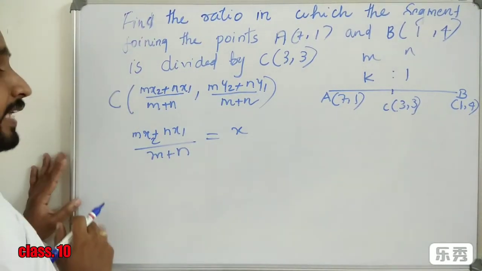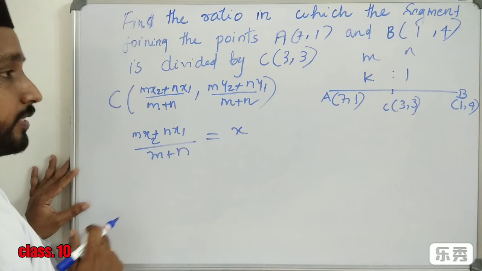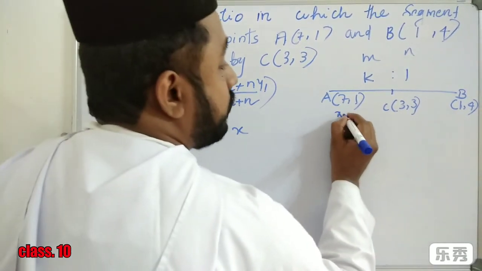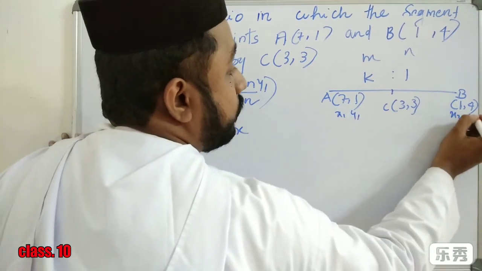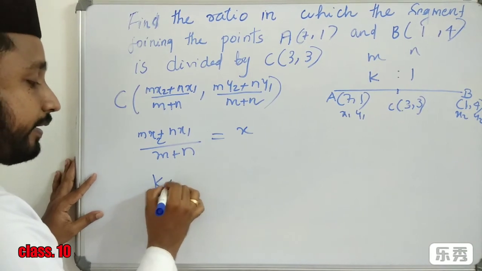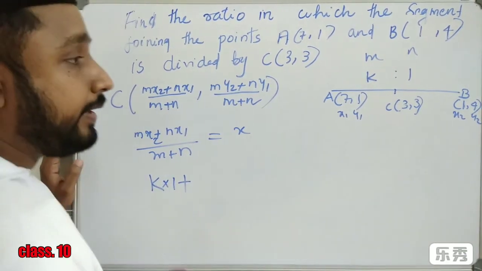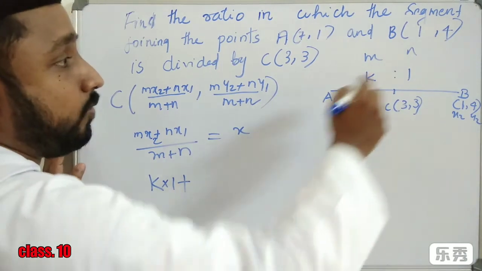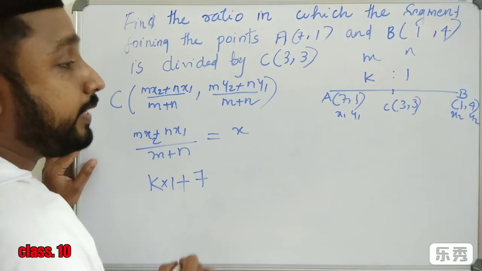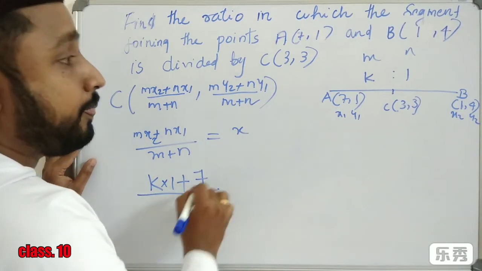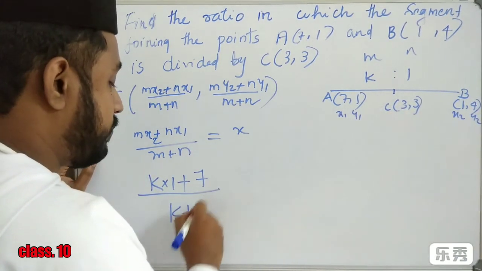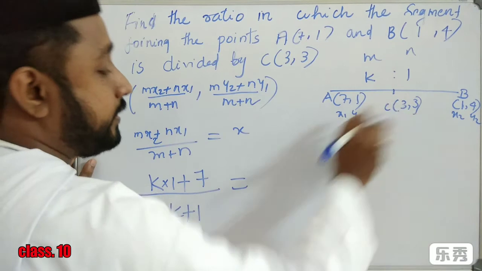So (mx2 plus nx1) divided by (m plus n) is equal to x. So m is k. This is x1, y1, x2, y2. So mx2 means k into 1, plus nx1, where n is 1 and x1 is 7. So (k into 1 plus 7) divided by m plus n, that is k plus 1, which is equal to x, which is 3.